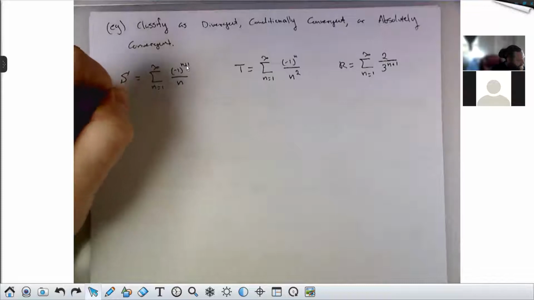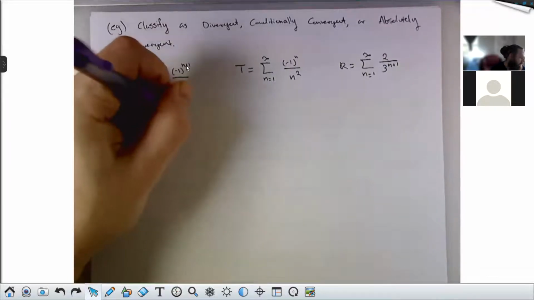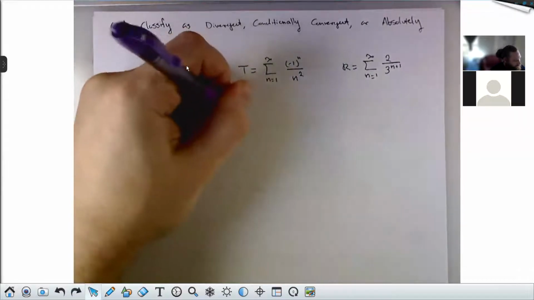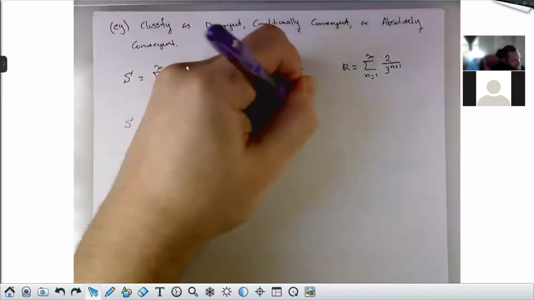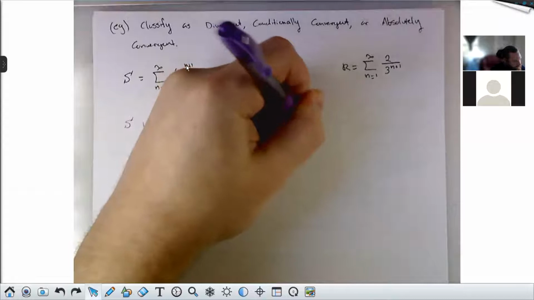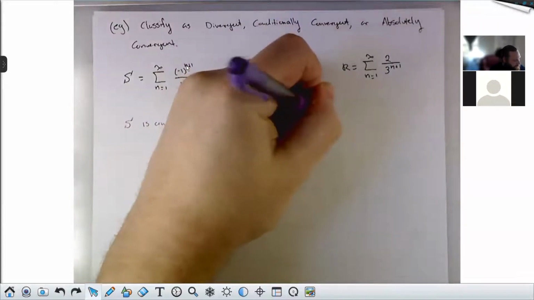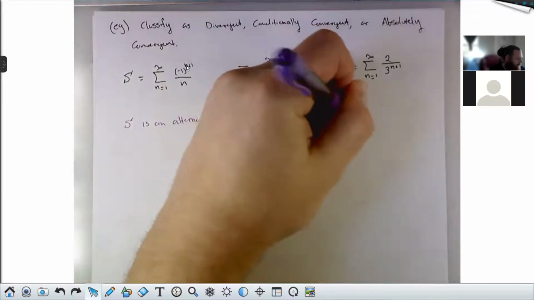So I would start by saying S is an alternating series. And we want to write it in the form that makes that alternating series easy to see, where you can tell what the Bn is. So that's (-1)^(n+1) times 1 over n.